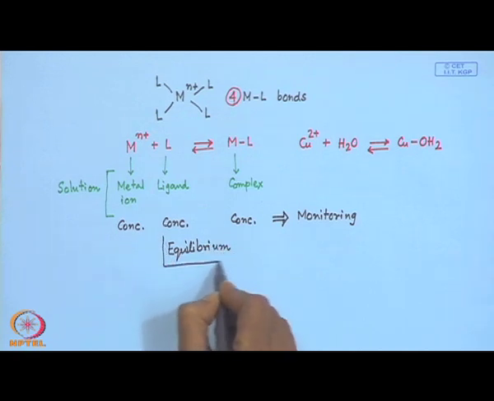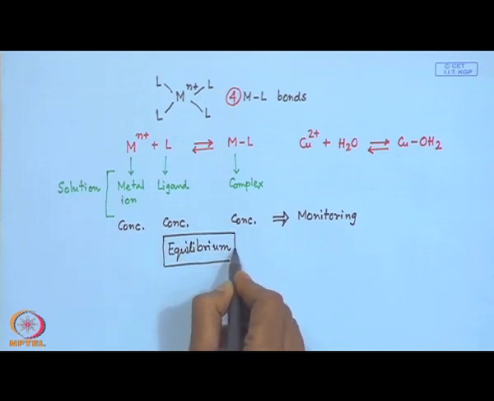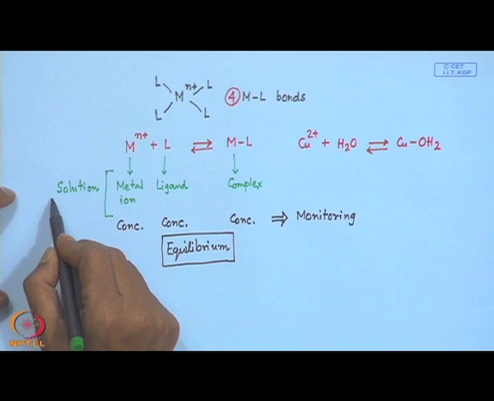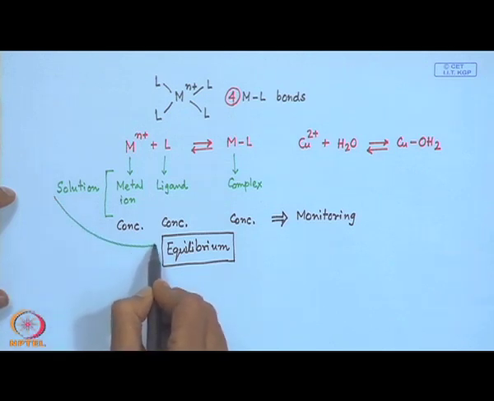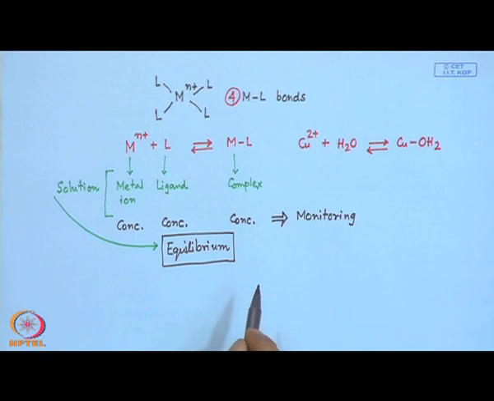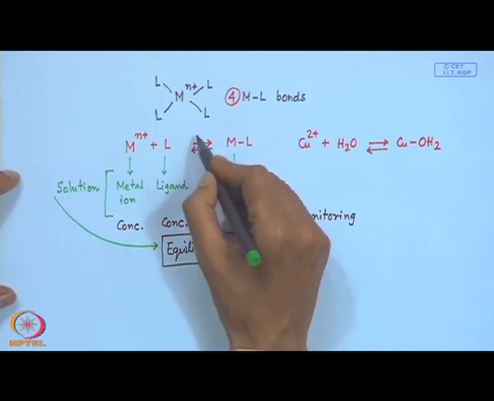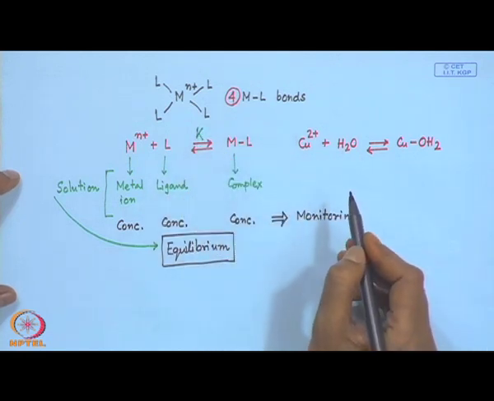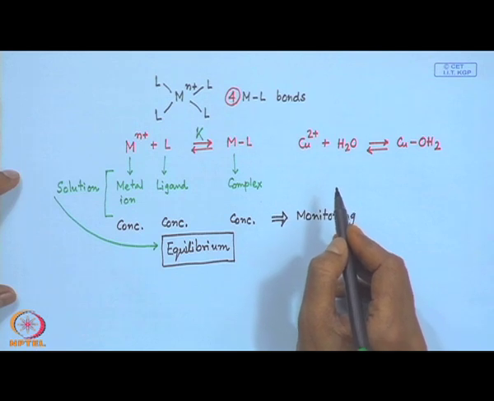So, in today's class, we will consider how the equilibrium processes take place and how the different species can contribute to the equilibrium process, because this is a very important thing that we can monitor in the solution stage. So, in solution, the complex gives us some equilibrium process and we can monitor it, such that we can evaluate some constant related to this particular complex formation.